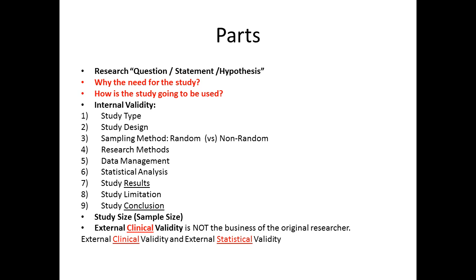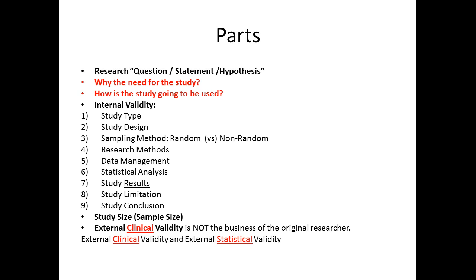So these are the main parts of a research paper. The first part is the research question, statement or hypothesis. The second and third parts are very important. That is, why the study needs to be done and how is the study going to be used.